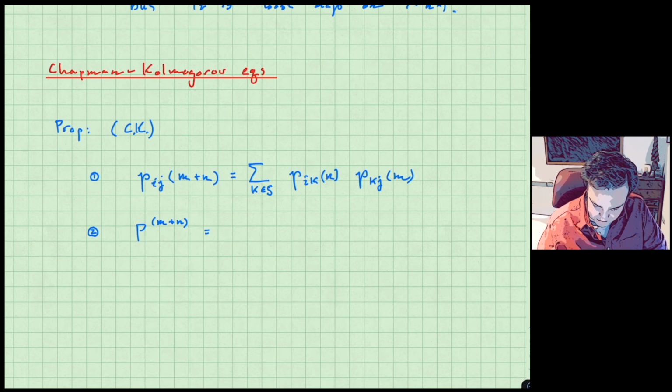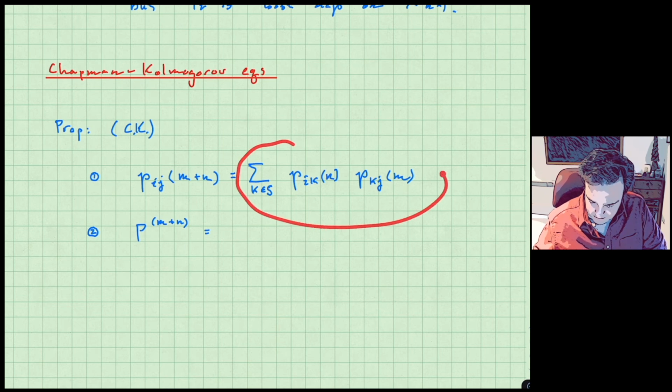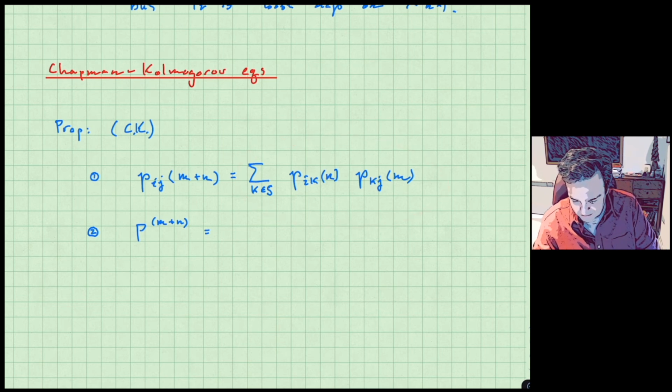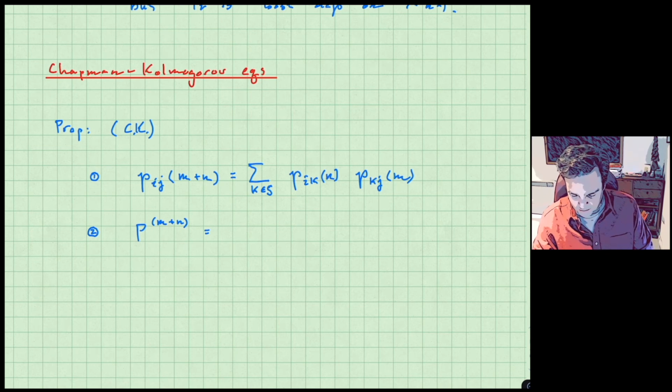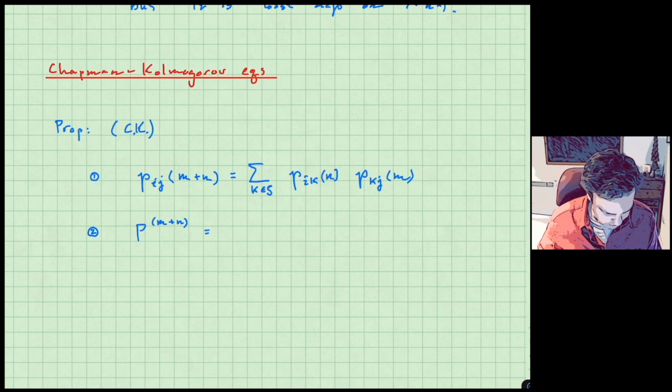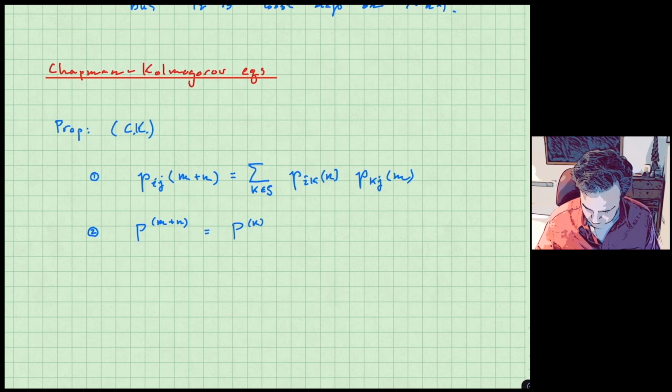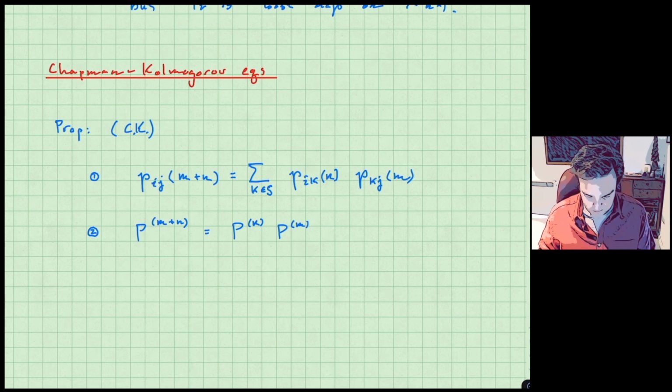And what's on the right-hand side, you probably have already guessed, depending on how much linear algebra you've been doing lately, this is just matrix multiplication. If you haven't been writing out matrix multiplication as a sum, you might not have recognized that straight away. But that's what that is. So we can just write this as a matrix product: the n-step matrix times the m-step matrix.